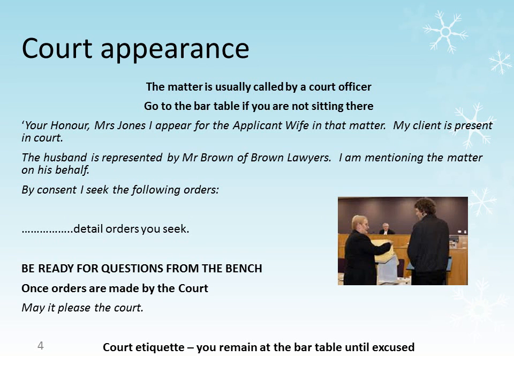Now, in the family court and the Federal Circuit Court, as I said, there's a court officer that is usually hanging around outside the court door, or they're just within the court room as you walk in. Now, if there is no one sitting at the bar table, go straight to the bar table.